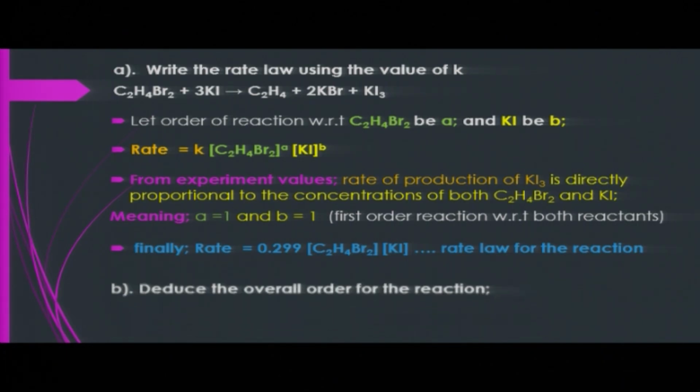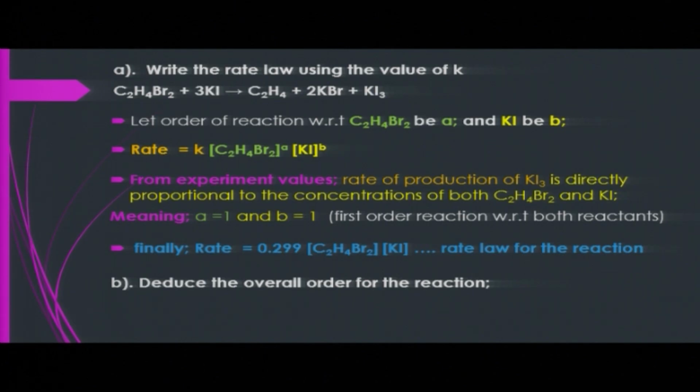Then part B, deduce the overall order for the reaction. Overall order, you simply add the orders involved in that reaction. You simply add A and B to get you 2. You add this value and this to get you 2. So the overall order is 2.